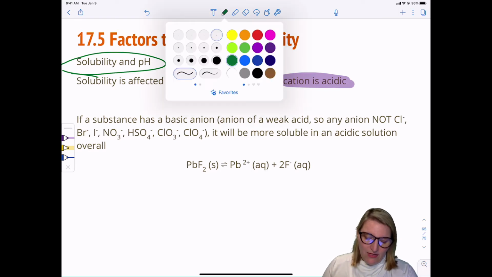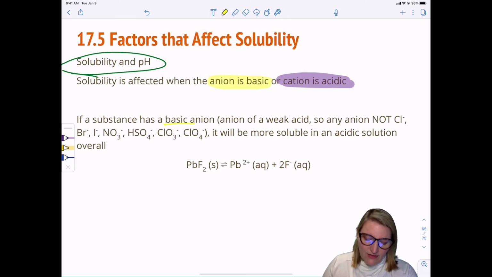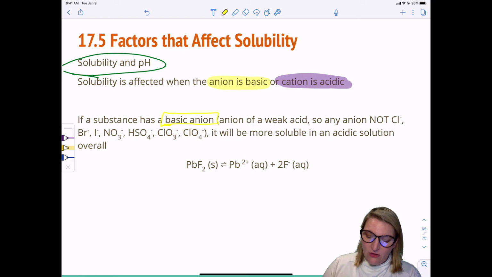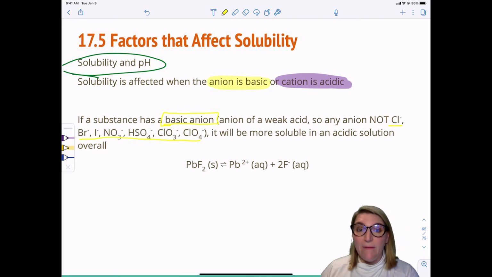It means that if it is a basic anion, think about all of the acids that we know. Some acids are strong and some acids are weak. What we are essentially saying is that any negative ion that, if you put an H with it, would not equal a strong acid but would equal a weak acid. So anything that's not Cl minus, Br minus, all those are the anions associated with strong acids.